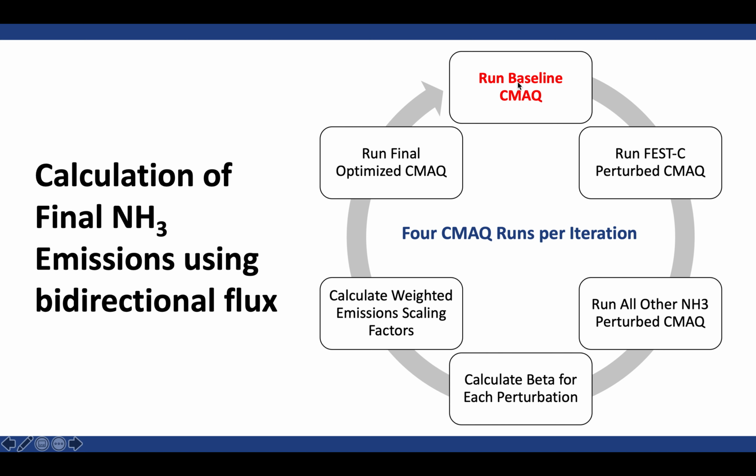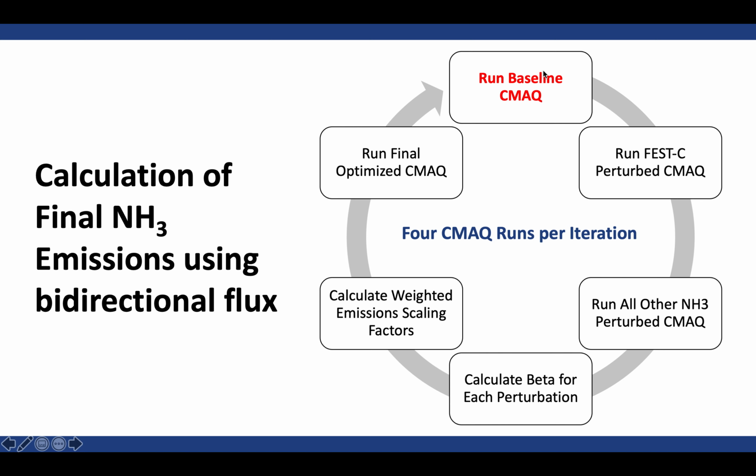It starts with the CMAQ baseline, then we run a perturbation to the input into the bidirectional flux, which comes from FEST-C. Then we run a perturbation to all the other ammonia emissions. We calculate this beta, which I'll discuss in a minute, which then allows us to calculate the final emission scaling factor. Once we have those final scaling factors, we plug them in, we run a final optimized CMAQ, and then the process can start all over.